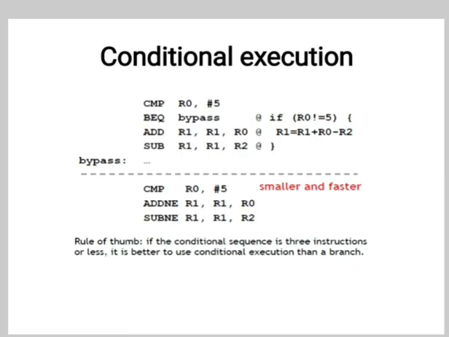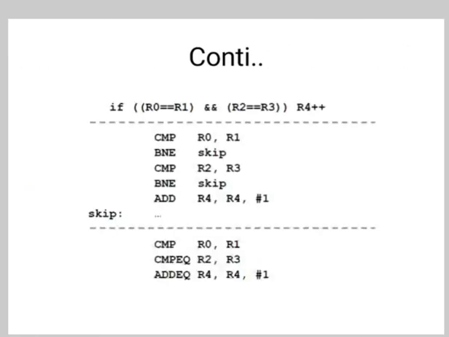So next is bypass, CMP R0 #5, smaller and faster, that is comparison. If the conditional sequence is 3 instructions or less, it is better to use conditional execution than a branch.